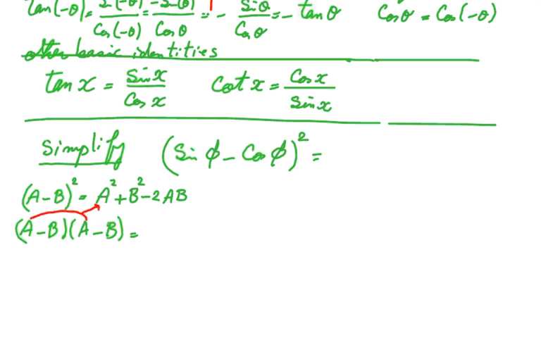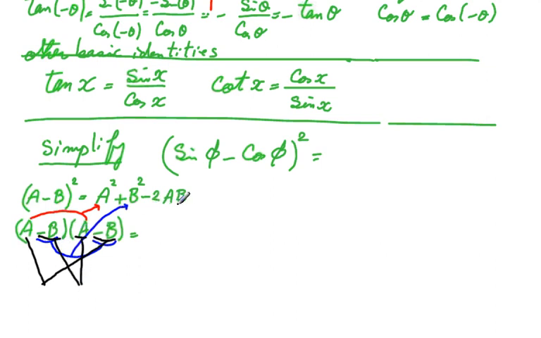When I multiply minus b with minus b, the two negatives cancel each other out, and I get my b squared. Where does this guy come from? That comes from a times minus b. That's one piece of it. And the second piece of it is minus b times a.